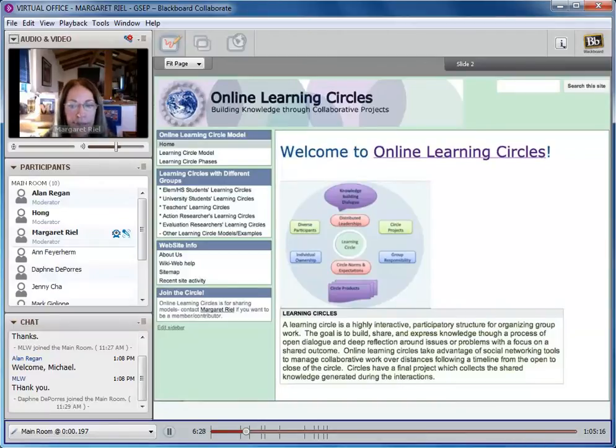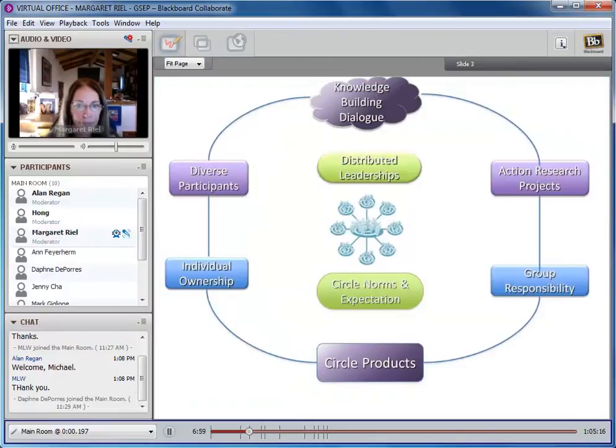Online Learning Circle takes advantage of social networking tools, and that's what makes it effective for an online program, but it can also be used in regular classrooms and across classrooms. Learning circles always have a final product, something that is shared out, that is the result of people having worked together.